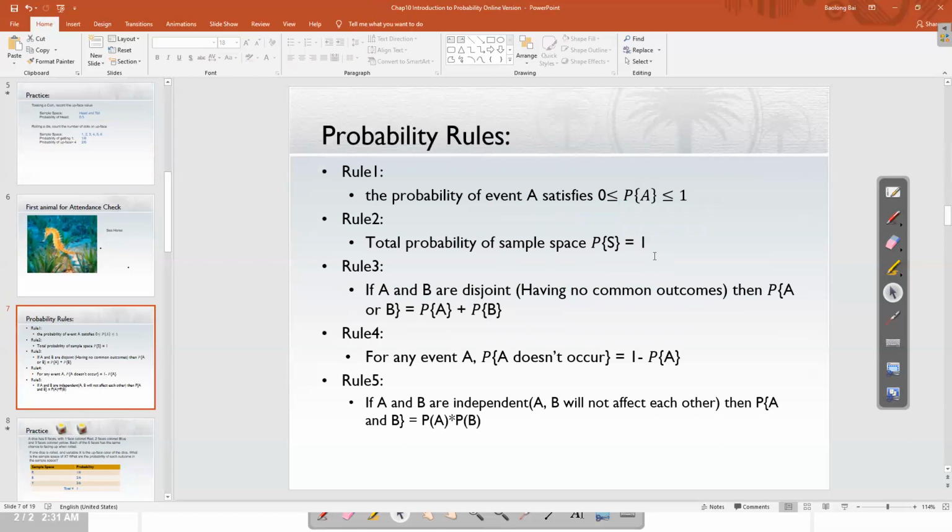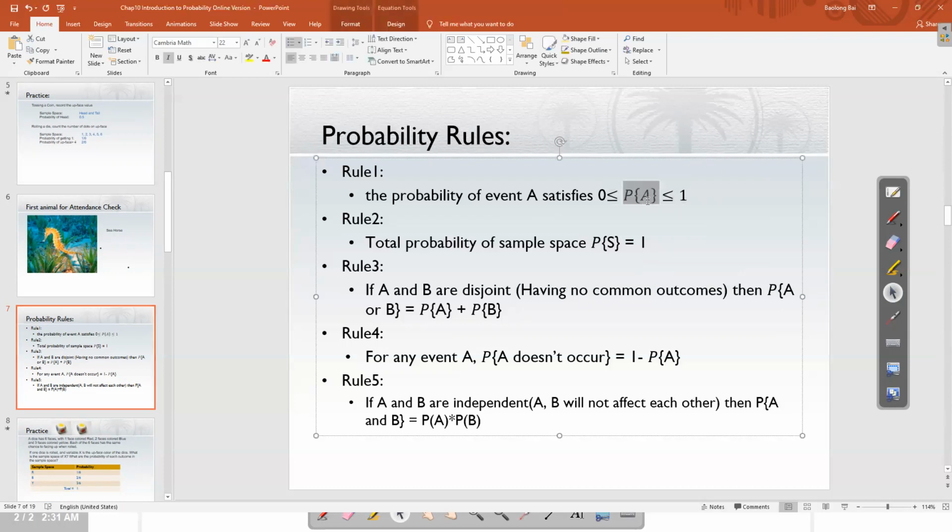So we're dealing with probabilities, then we need to learn probability rules. You have to obey all the rules when you deal with probability. So we're going to talk about the 5 rules. Rule number 1, the probability of event A is always going to be between 0 and 1.